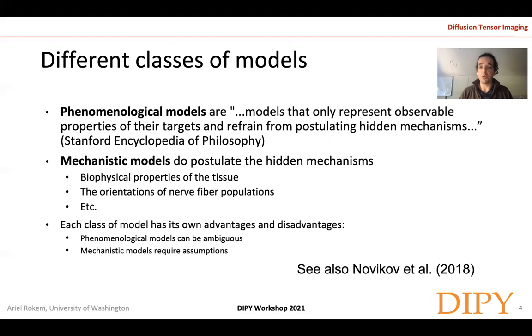In general, phenomenological models can be quite ambiguous because they don't tell us much about what the hidden mechanisms are. So different hidden mechanisms can cause changes in the model that are identical or indistinguishable. On the other hand, mechanistic models require making some assumptions about what mechanism causes what change in the signal. So those are the kinds of things that you need to balance when you think about selecting a model for modeling your data.